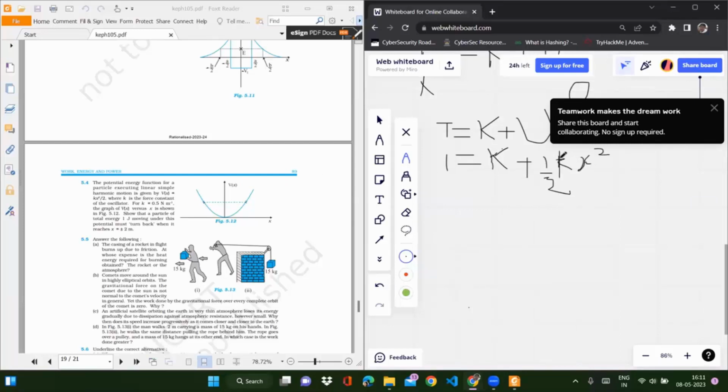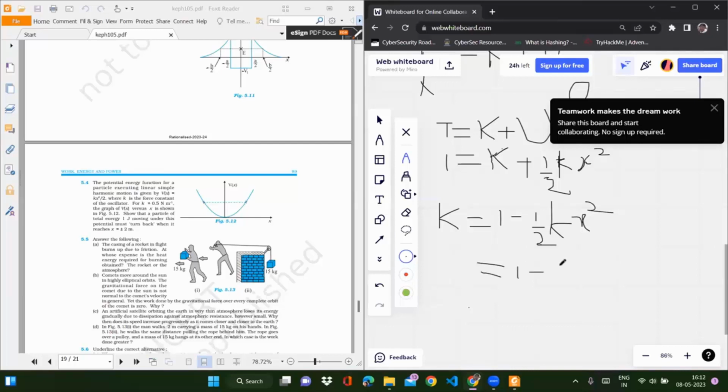From this we can see that K will be equal to 1 minus half kx square. This K is the kinetic energy, capital K, and this k is the small k, which is the force constant of the oscillator.